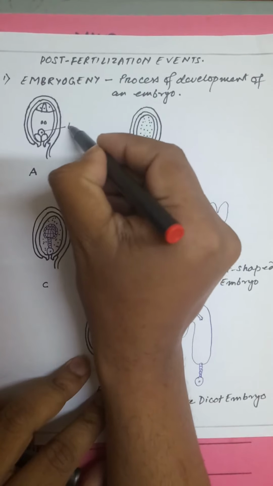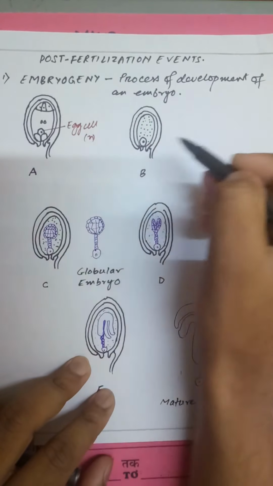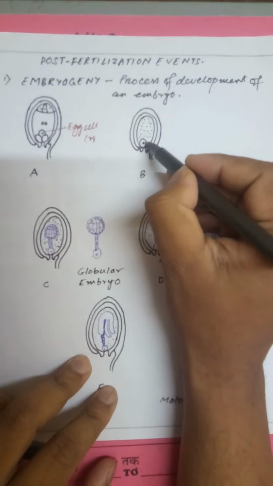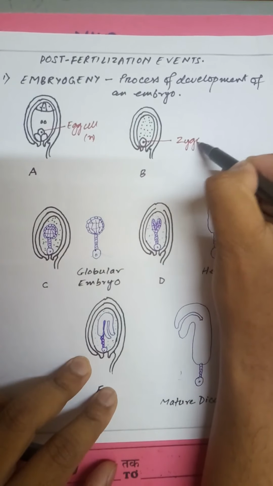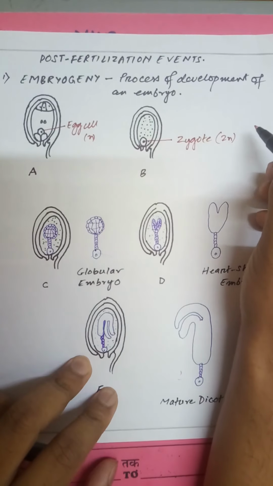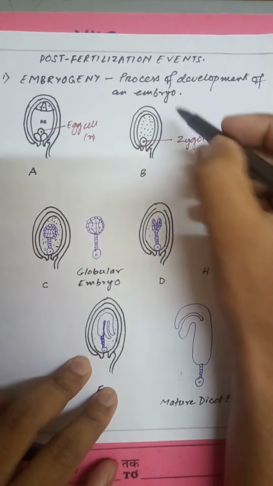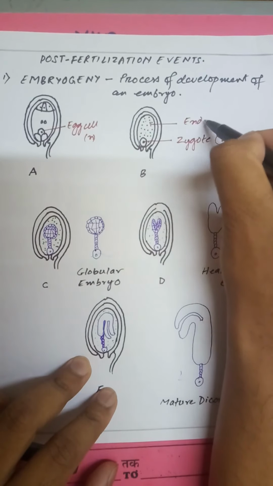This is the egg cell, which is haploid in nature. After being fertilized by one of the male gametes, this egg cell transforms into zygote, which is a diploid structure. What are these dotted structures?